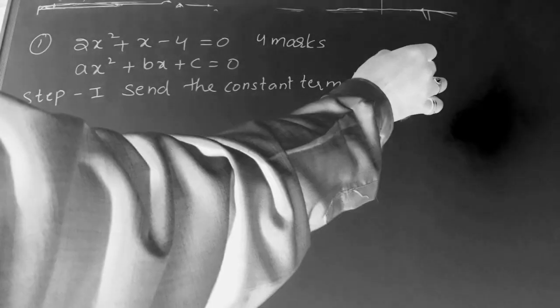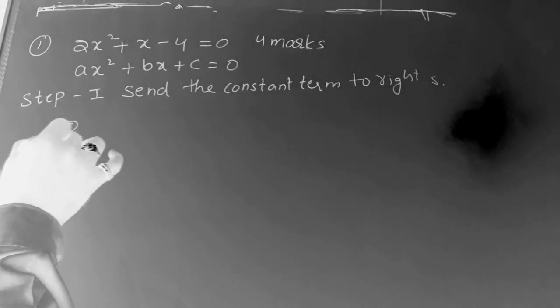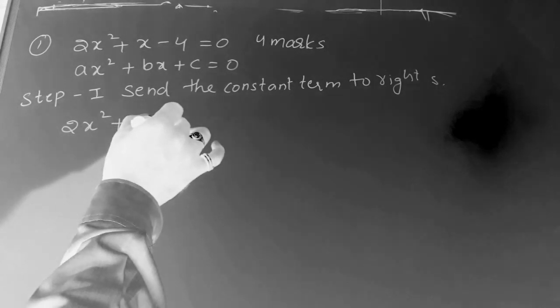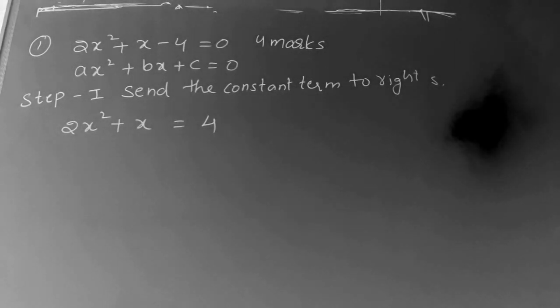Okay, right side we have to send. So what is the constant term here? Minus 4. If you send that to the right side, it becomes plus 4.